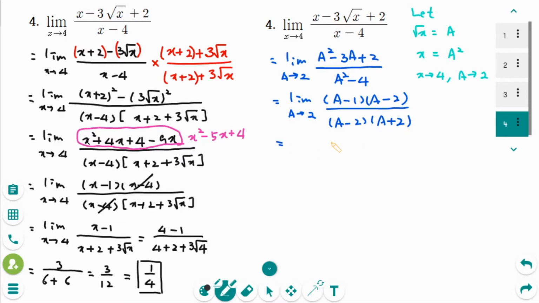Then cancel the common factor, which is a minus 2, then a minus 1 over a plus 2. Then put 2 into a, so 2 minus 1 over 2 plus 2. So the answer is 1 over 4.